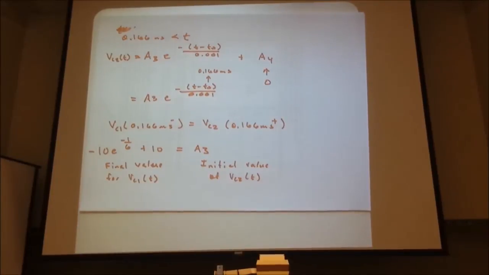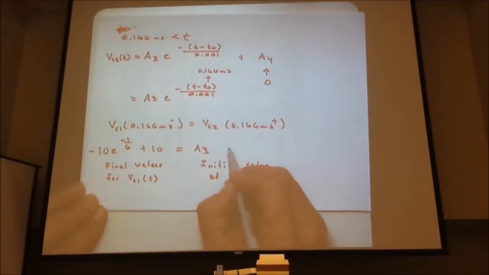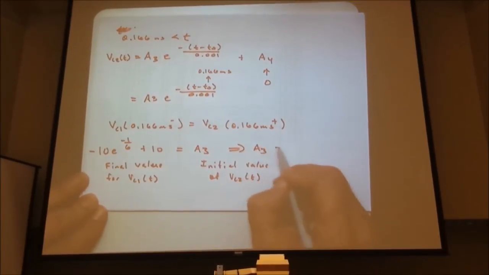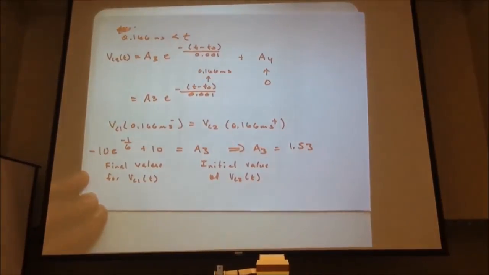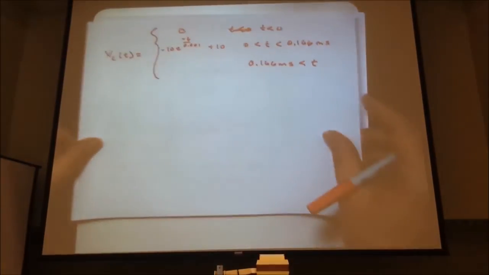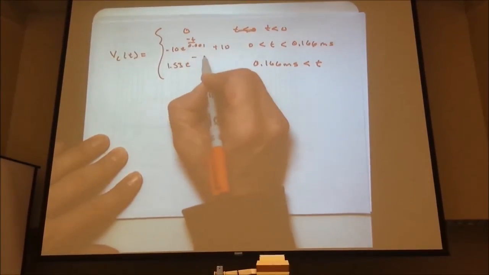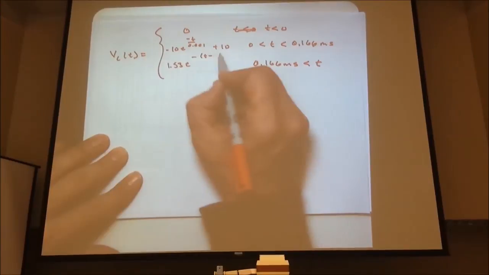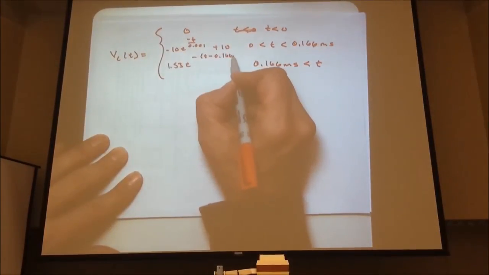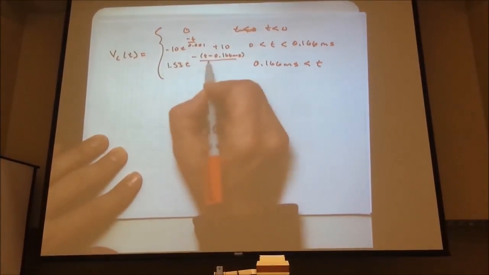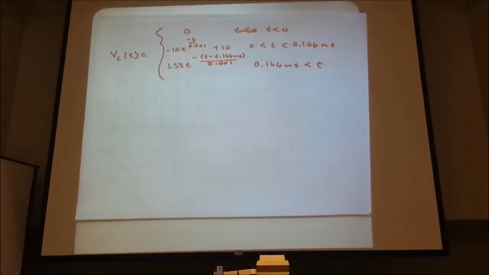And this is some number that I have written down somewhere. I think it's that number. And so we can go back to our solution form. What do we have? 1.53 e to the minus t minus 0.166 milliseconds over 0.001.